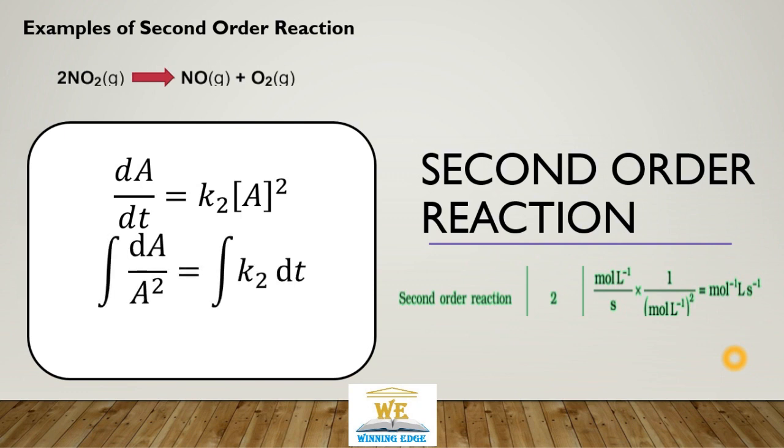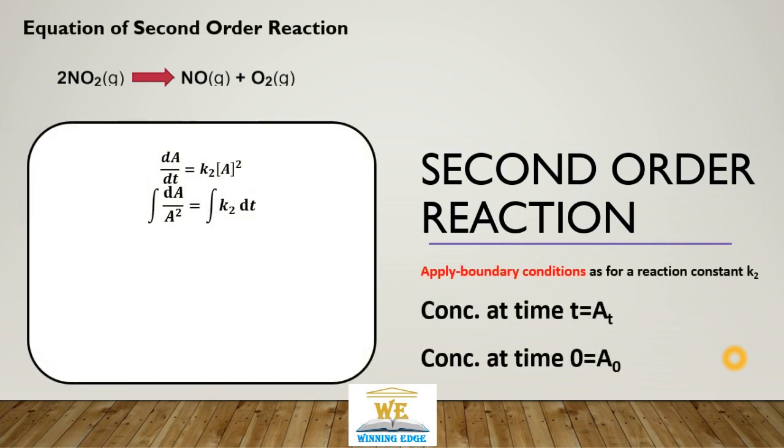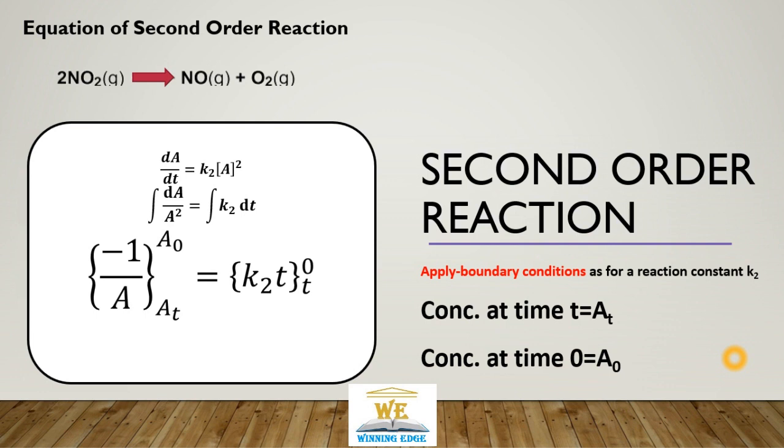We integrate it, and what we are going to get is minus 1 by A from A0 to A, and time from 0 to t, the initial time.